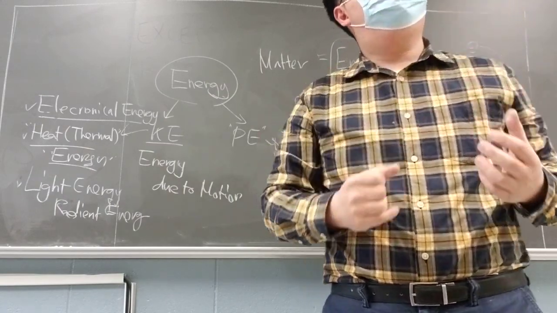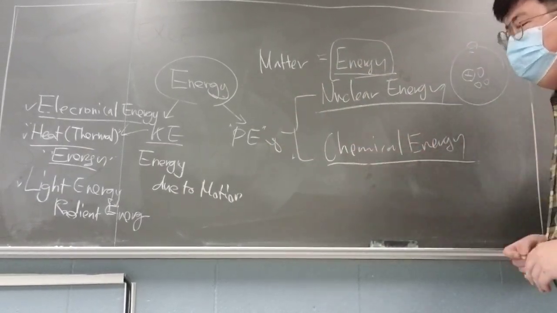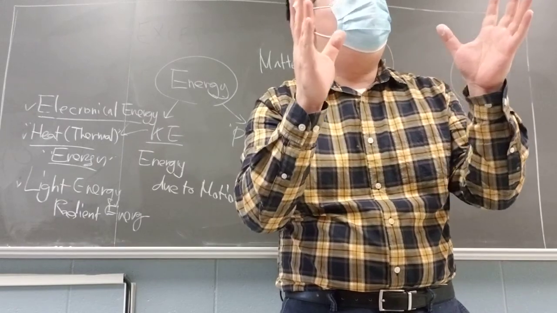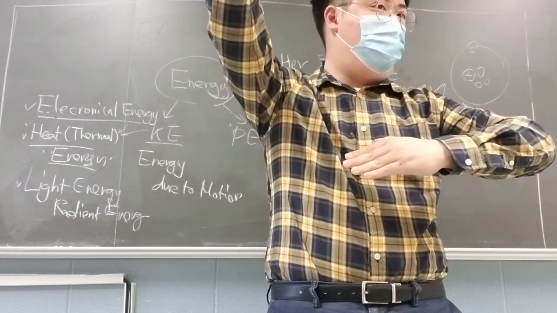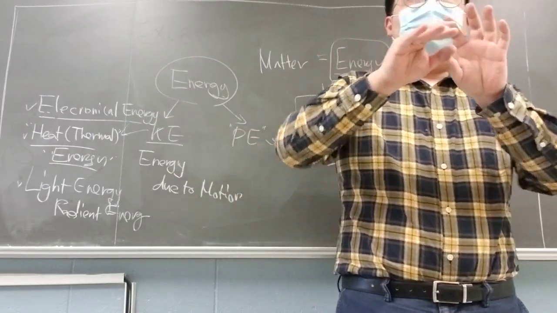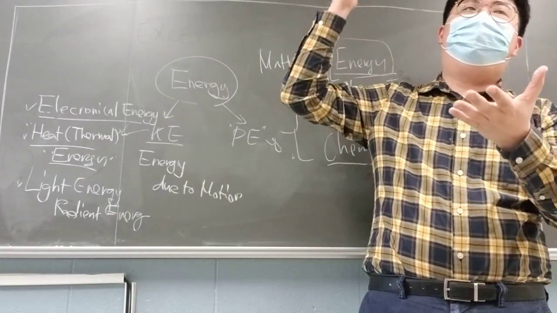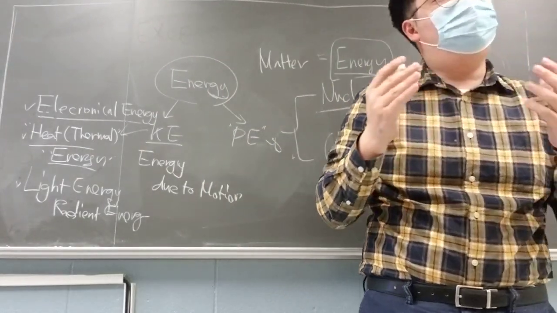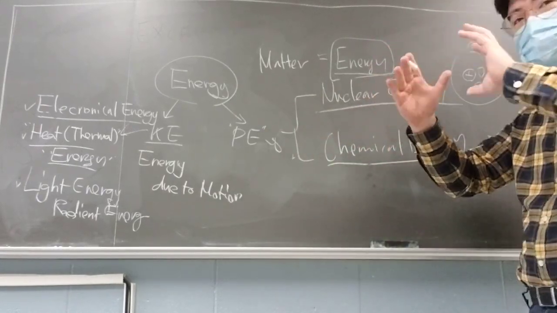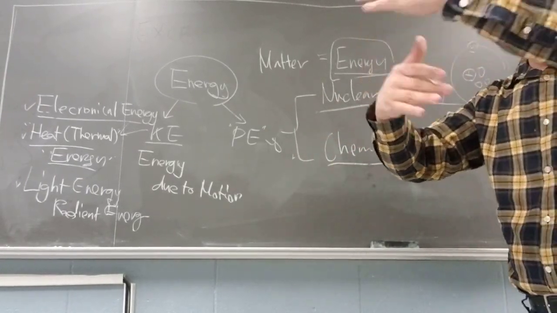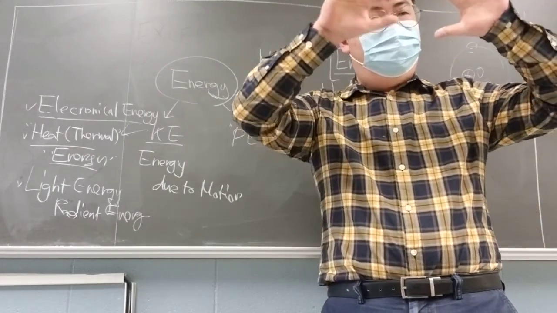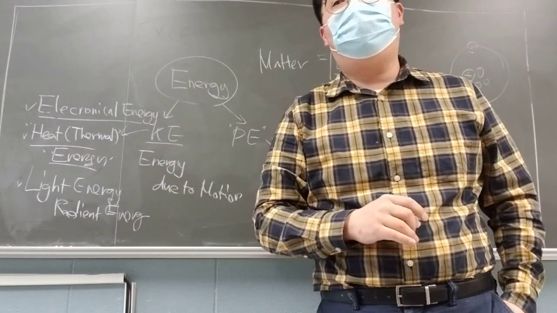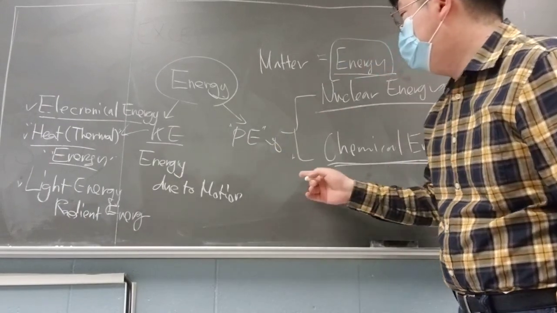To make that happen, you need a certain amount of energy. This is why when molecules make a new chemical bond, they release energy. If they break apart, you need to use energy to break it. So this is a type of potential energy you can use in chemical reactions, and it's also caused by the position in the compounds of the molecule. So this is also potential.